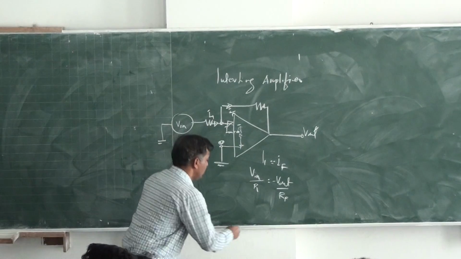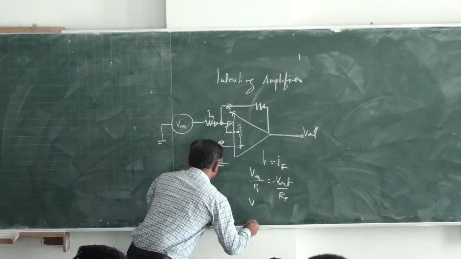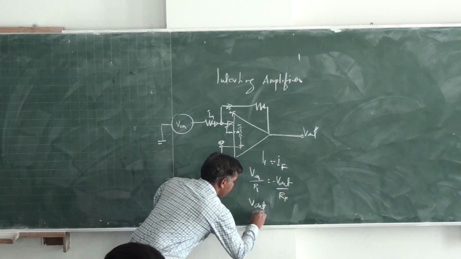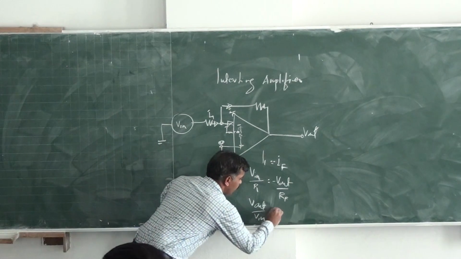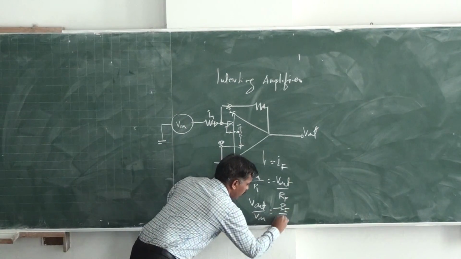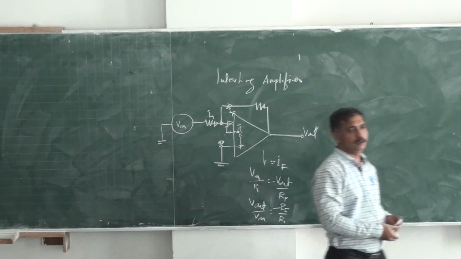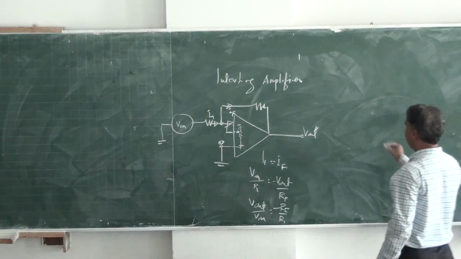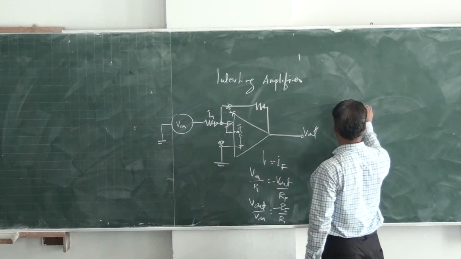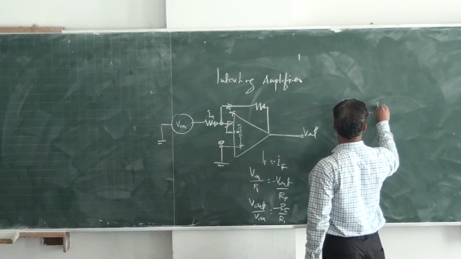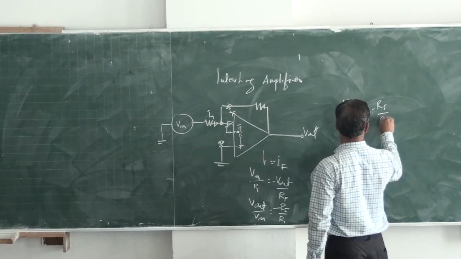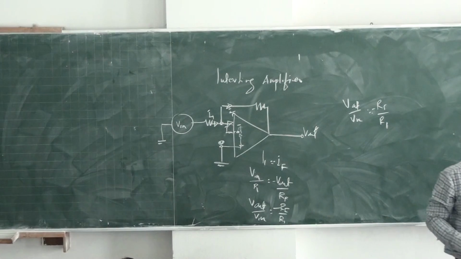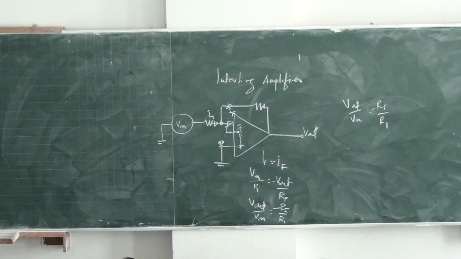Then Vout divided by Vin is equal to minus RL upon R1. This will be the gain of the amplifier. As far as the non-inverting amplifier is concerned, in this case the gain will be Vout divided by Vin equal to minus RL upon R1. Okay.